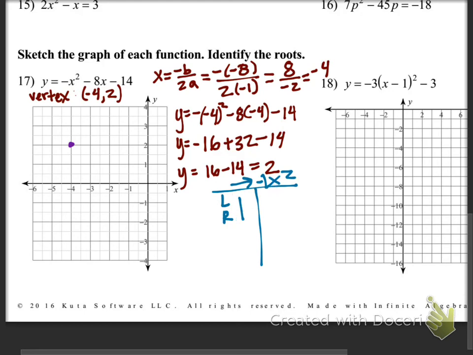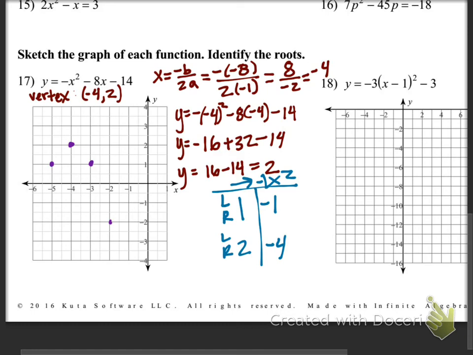If I go left or right 1 unit, 1 squared is 1 times a negative 1 gives me negative 1. If I go left or right 2 units, I think about plugging in 2 to x. 2 squared gives me 4. 4 times negative 1 gives me negative 4. So from the vertex, if I go left or right 1 unit, I want to go down 1. If I go left or right 2 units, over here, I want to go down 4.